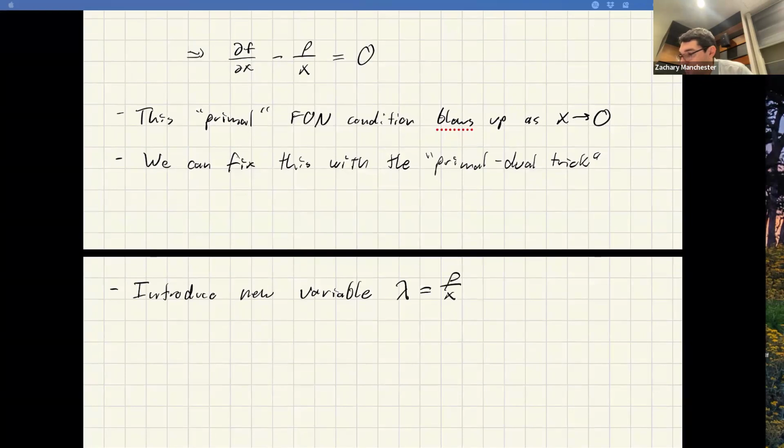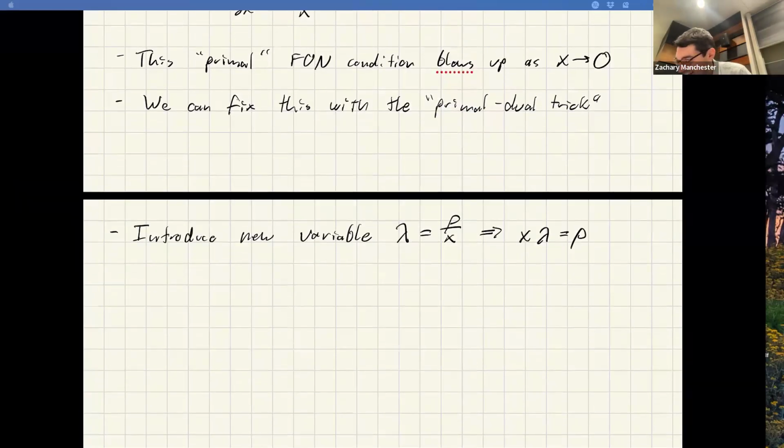And if I stare at that for a second, and again, assuming things are scalars here for simplicity, I can rewrite that as x times lambda equals rho, right? I just moved the x over to the other side. Everyone cool with that? This should look like something we just saw. Someone know what that is?